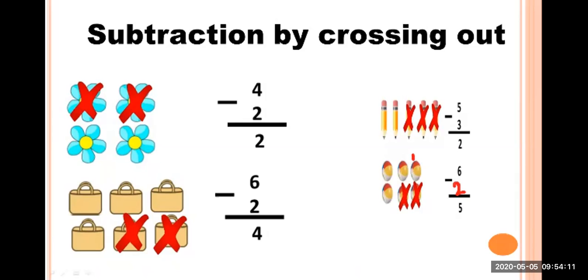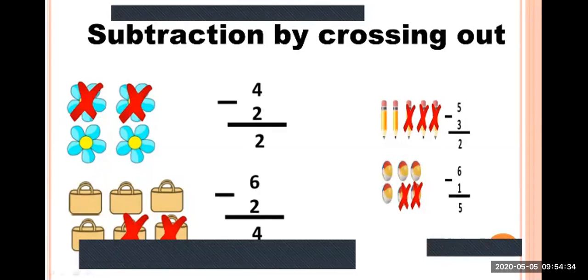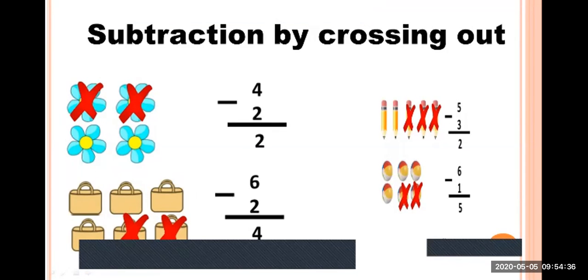Count with me. 1, 2, 3, and 4. So we will write 4 balls are left. Clear? There were 6 total balls. 2 have been crossed out, 4 are left. Clear? This is how we do subtraction by crossing out.